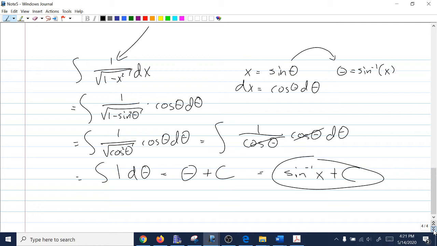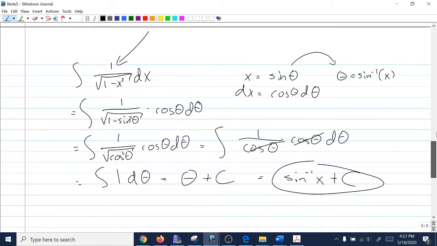Let's immediately do one where the numbers get grosser. If I have the integral of x cubed over the square root of 9x squared minus 4. Let's go back and look at what we had written down as our rules.